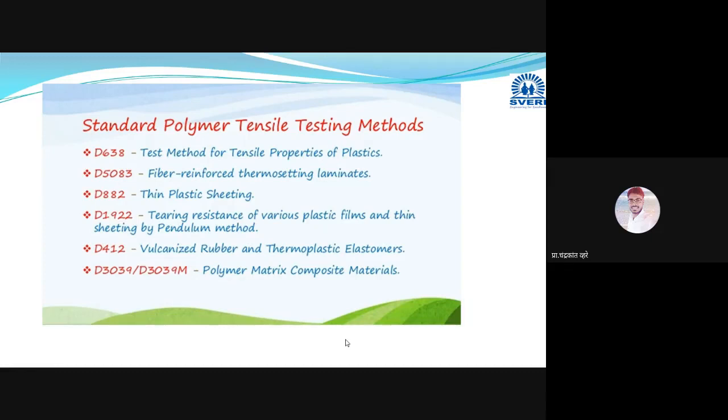So these are the different methods for different plastic components, or different structured plastic components. We are not going to study in depth because we have just an overview. So write down the heading standard polymer tensile testing methods, and write this down.